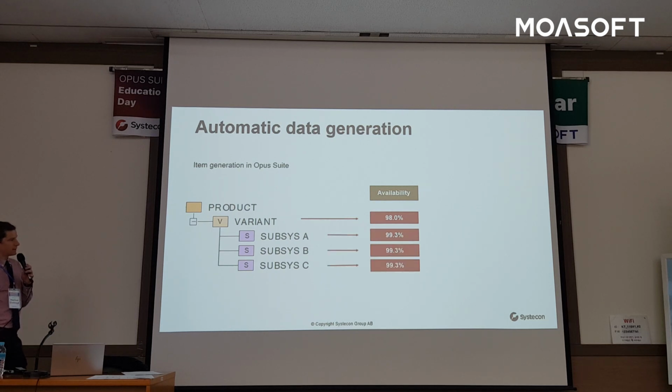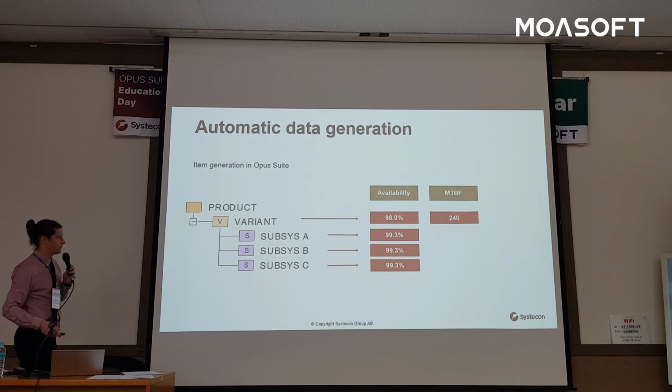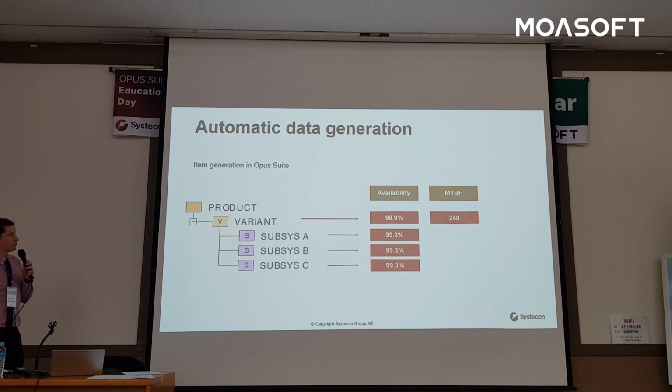And that means that if we split that evenly into 3 different subsystems, given that they are operating in series, we can calculate that we need 99.3% availability for each of those subsystems. Kind of simple mathematics. And if we also know that the mean time between failure is 240, so we don't want to have more failures than that.